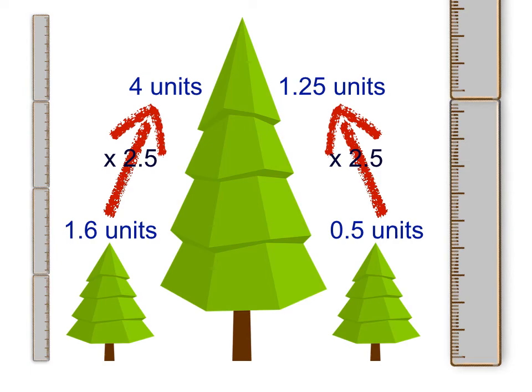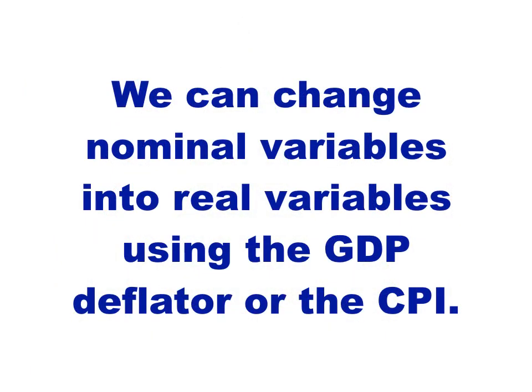So the deflator, we can convert nominal variables into real variables, or we can convert real variables back into nominal variables. That's what the deflator does. It essentially makes it so that we can convert our nominal to real or real to nominal.